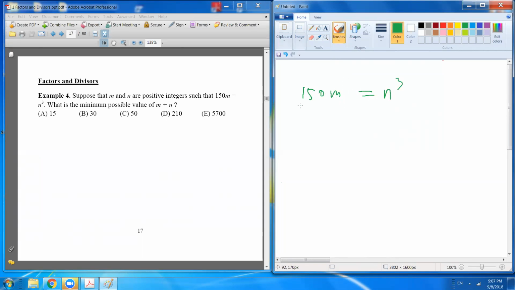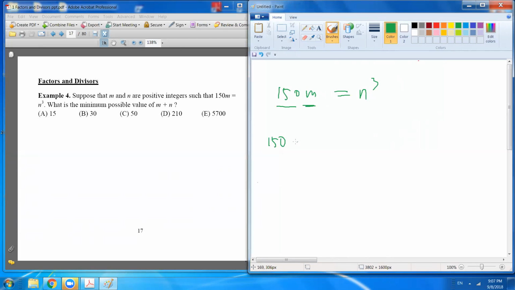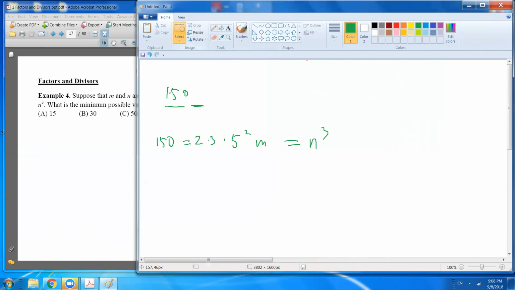So we have nothing to do with m, and we take a look at this 150. The prime factorization of 150 will be 2 times 3 times 5 power 2, right? So the whole thing will be like this.